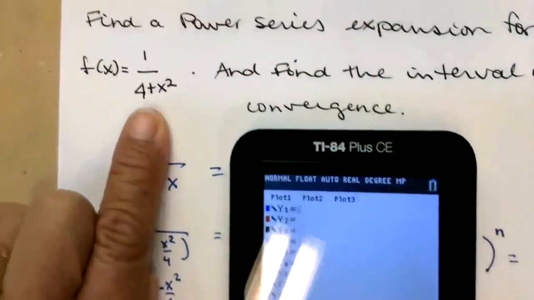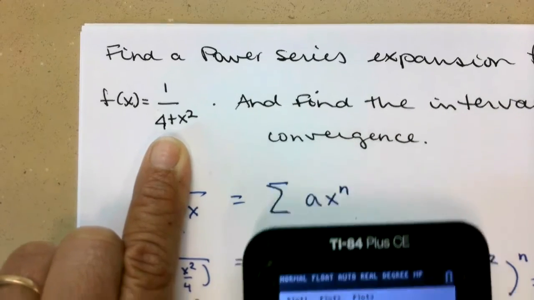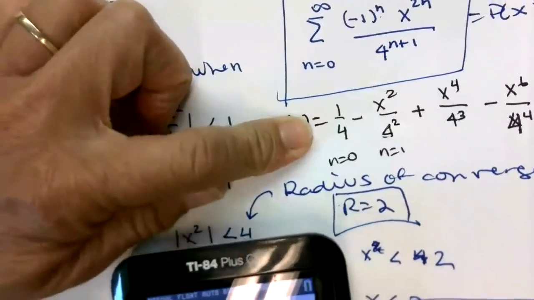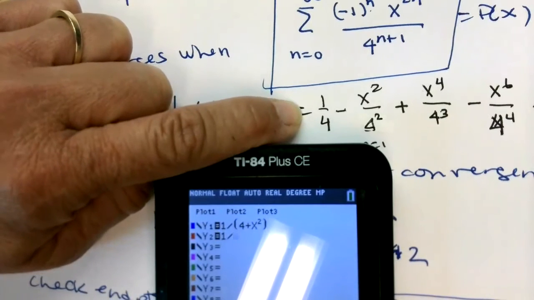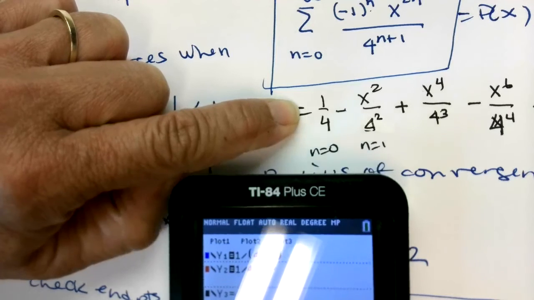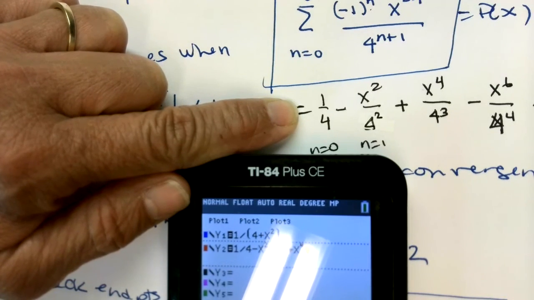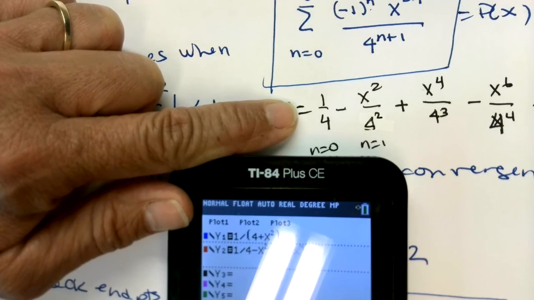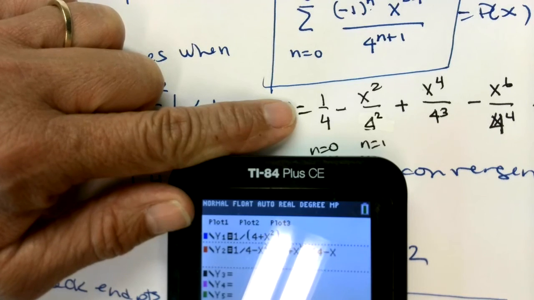Y equals, clear out what you had. So in y1, right, you're going to put your function. So 1 divided by parenthesis 4 plus x squared. And in y2, we're going to put, right, some of these terms of our polynomial. So I'll have 1 divided by 4, minus x squared over 16, plus x to the 4th over 4 cubed, minus x to the 6th over 4 to the 4th.